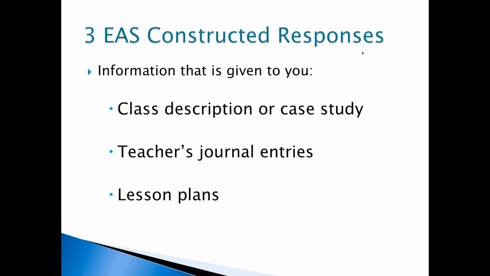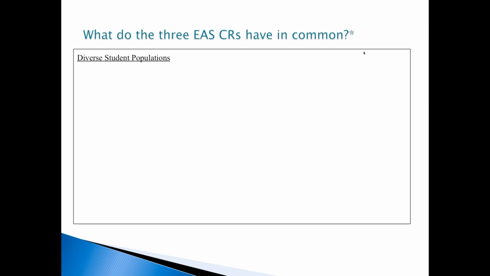They're saying between 150 and 200 words. I'm saying try to hit that 200 words. And the information that's given to you is the class description, or what I call a case study, a teacher's reflection journals, and lesson plans. And what do those 3 have in common? Here's an area, diverse student populations, one of the 3 that are tested in this manner.